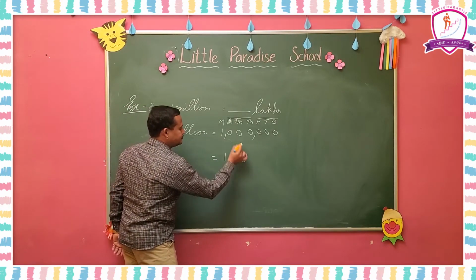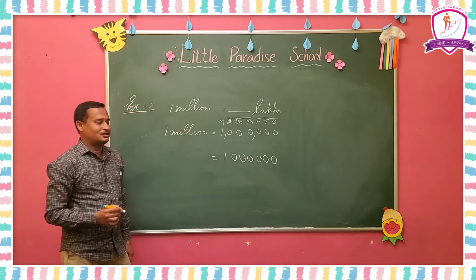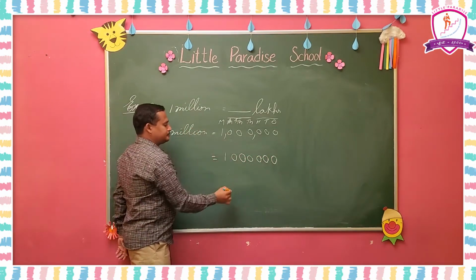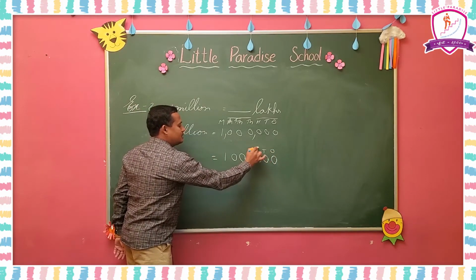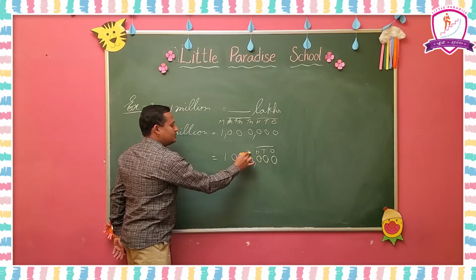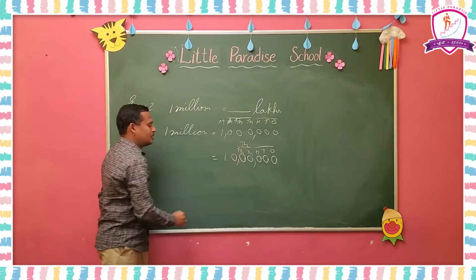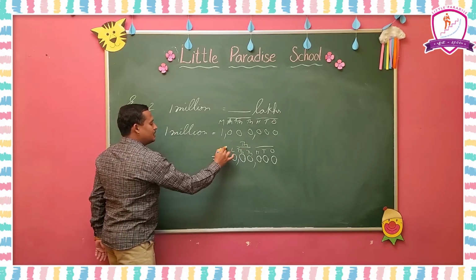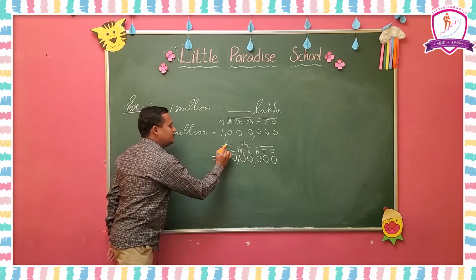Here 3 zeros and here 3 zeros, 6 zeros are there after the one, and here again you have to write the places: ones, tens, hundreds, ones period, thousands, 10,000s, thousands period after comma, and lakhs, 10 lakhs in lakhs period. Here in lakhs period, how many numbers are there?